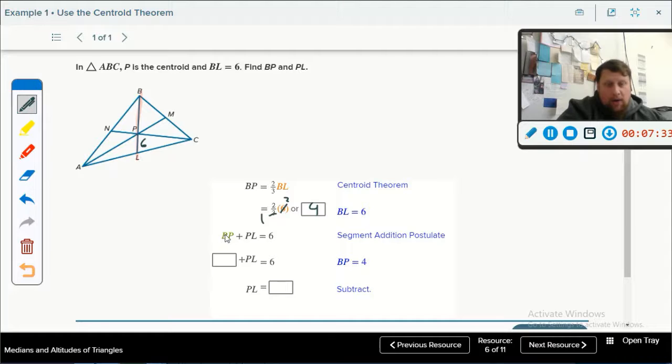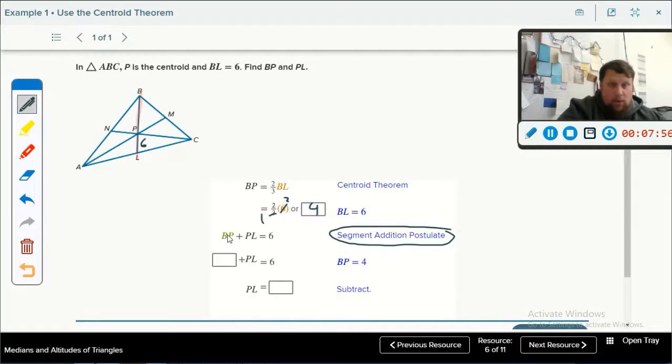Now, I know that BP plus PL equals 6. All right? Segment addition postulate. All the segment addition postulate says is that if I add segments together, they equal the whole.